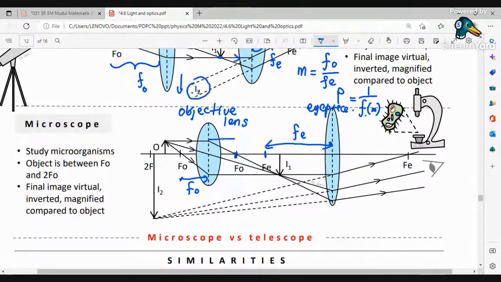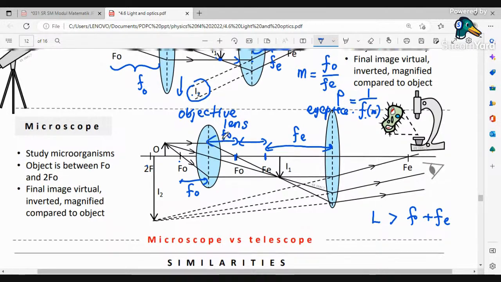So the separation between the two lenses is more than FO plus FE. Okay, the microscope is used to observe very small objects like microorganisms. So normally for this one we put the object between F and 2F.